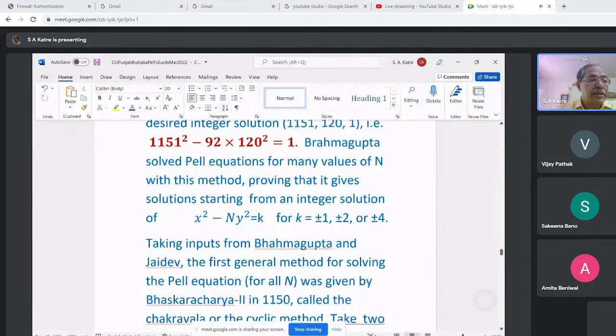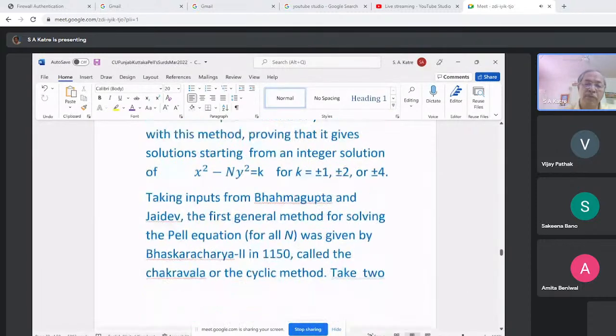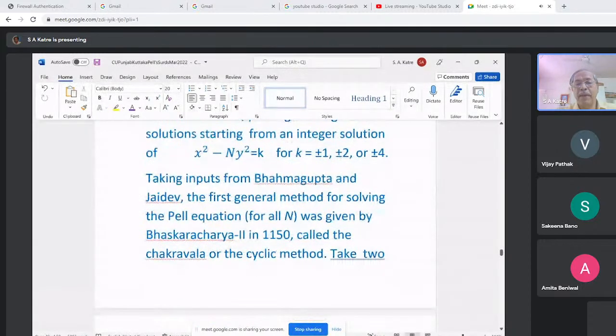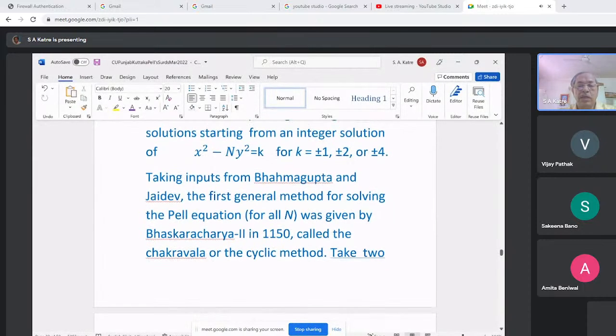But the idea is that whenever a problem is a challenging problem, people go on trying to solve it, the challenge, and then there is some development of mathematics because of these trials. So Jaydev also gave a method, and Bhaskaracharya confirmed this, and he asked many difficult problems like 61, 67, and so on, which were not solved.